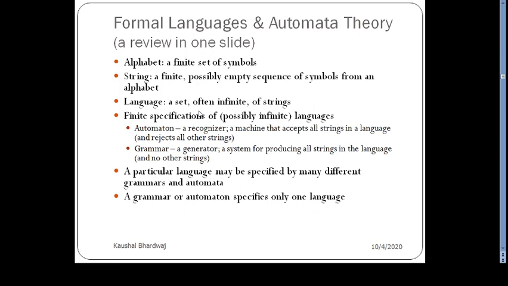Now for a revision of your automata theory, you might remember what an alphabet is. An alphabet is a finite set of symbols. A string is a finite sequence of symbols, and it can be empty also.